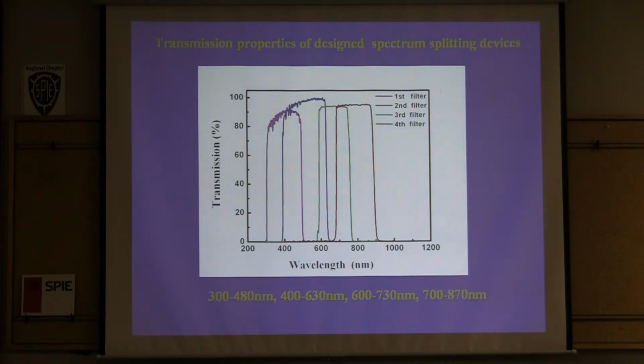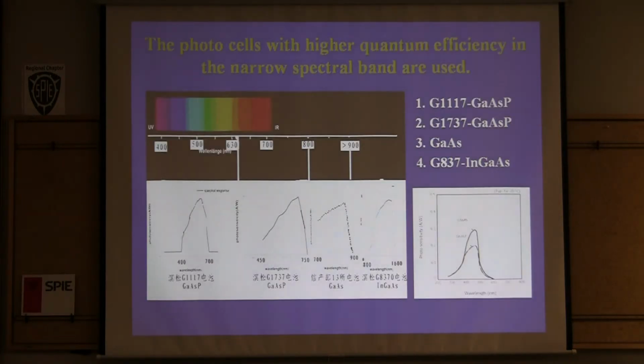We try to use 4 filters that give 5 spectral ranges: 300 to 480, 400 to 630, 600 to 730, 700 to 870 nanometer.